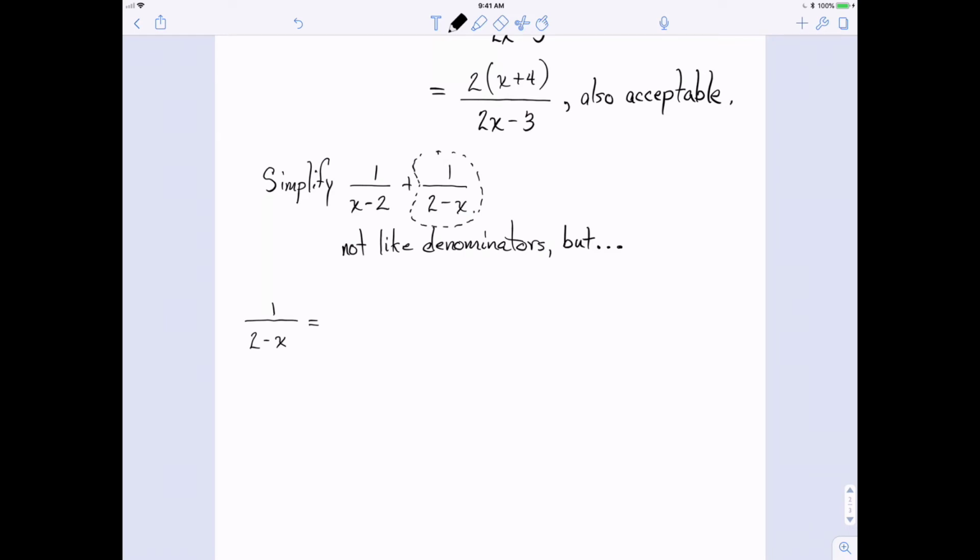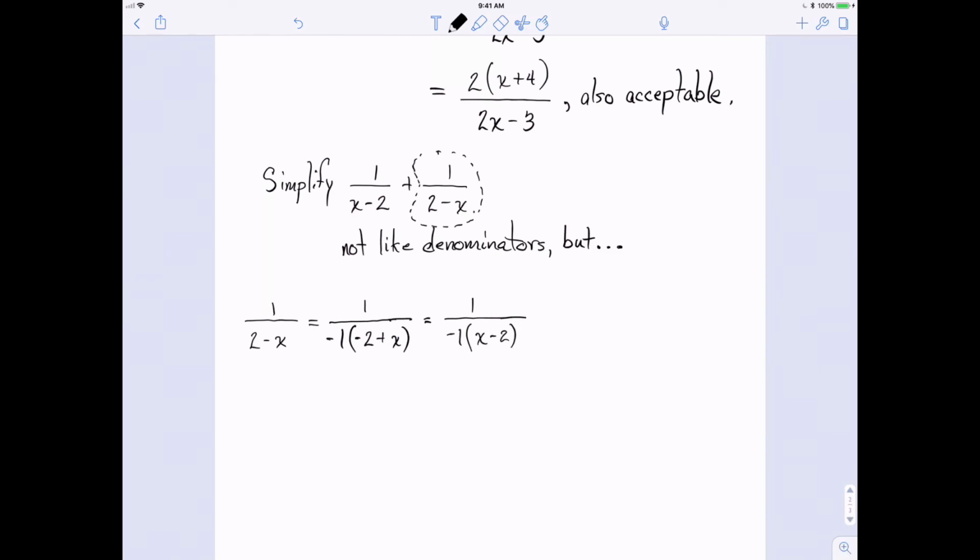So let's try this. What happens if I factor a negative 1 from the denominator? Then I have negative 1 times (negative 2 plus x). Remember that addition is commutative, meaning you can change the order, so I could write it as x minus 2.